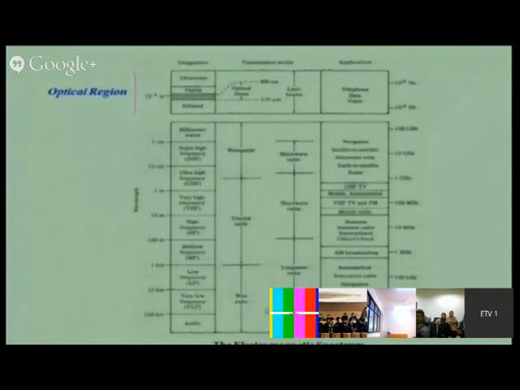So this is the electromagnetic spectrum, where you can see we have already covered the radio wave, long wave radios, short wave radios and microwave. Now the next part is the optical frequency.